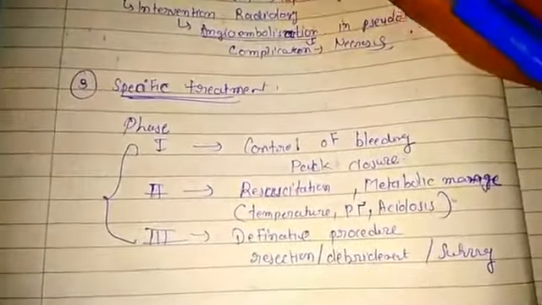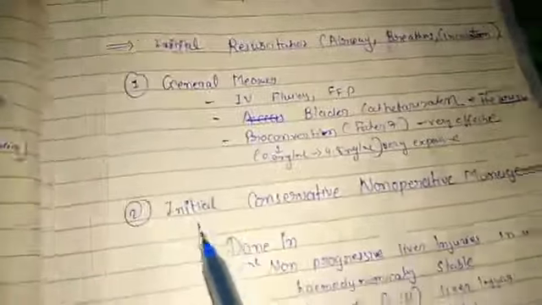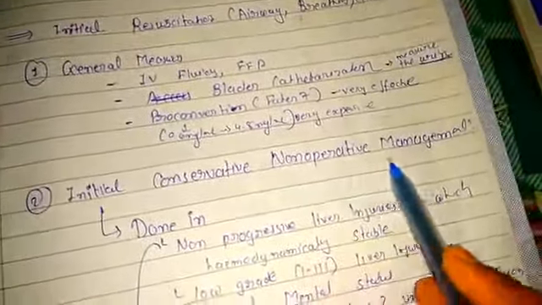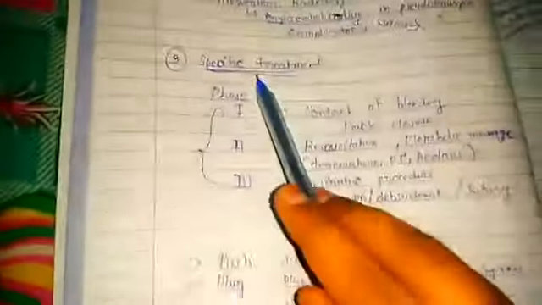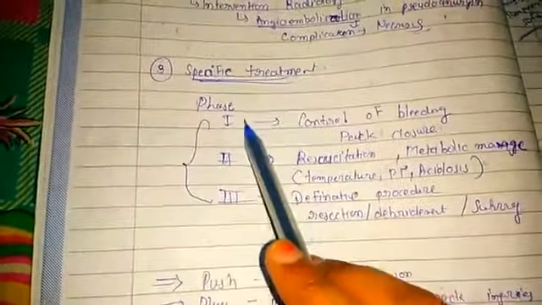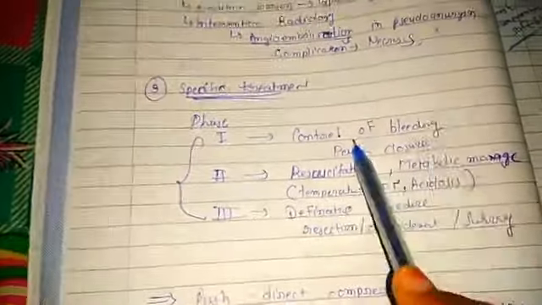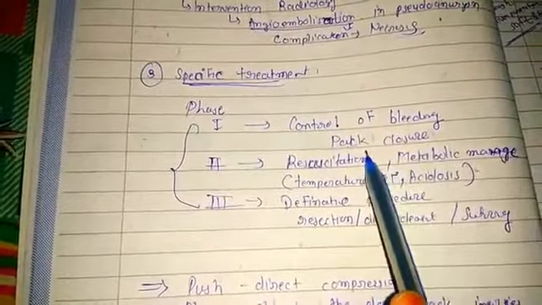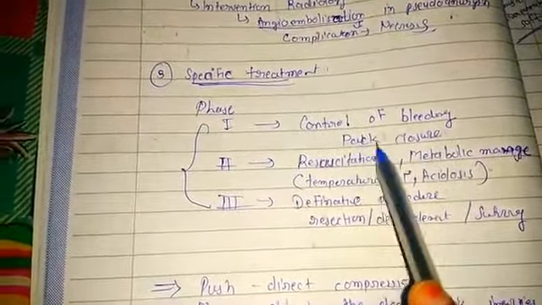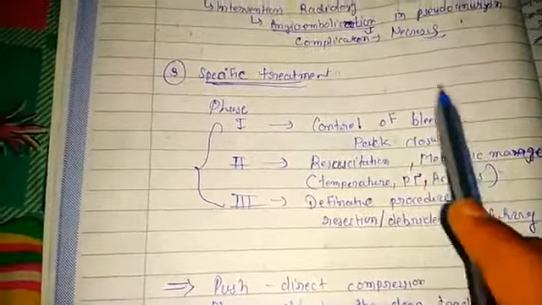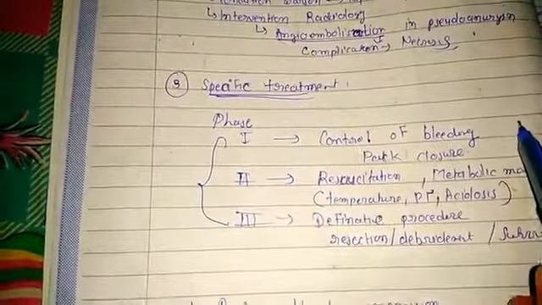Now for the specific treatment. There are 3 types of treatment: first general measures, then initial conservative non-operative management, and then the specific treatment. In specific treatment, there are 3 phases. First, control the bleeding, meaning any measures which control the bleeding should be taken first.